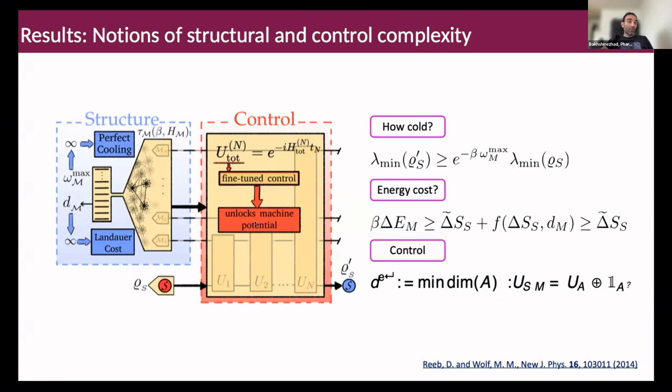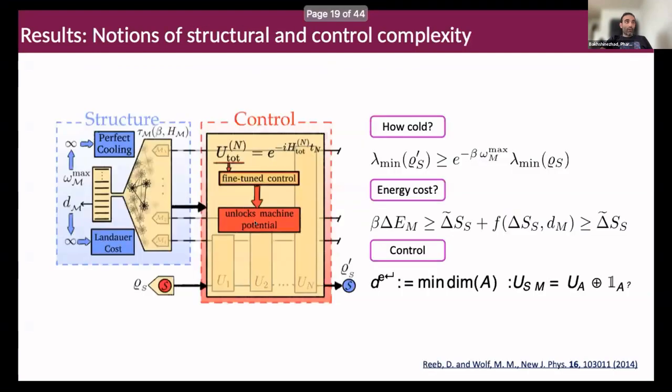But for the control complexity, so far we don't have a general definition. What we can do here is use a basic notion, which is related to the rank of the non-trivial part of the unitary. We saw that in the previous case, this rank goes to infinity to reach the Landauer cost.